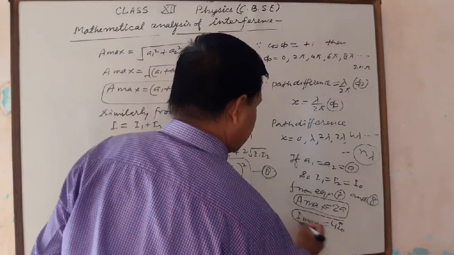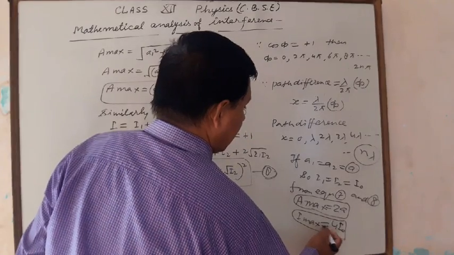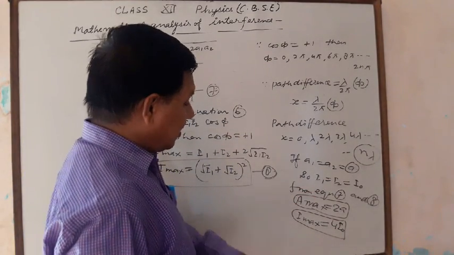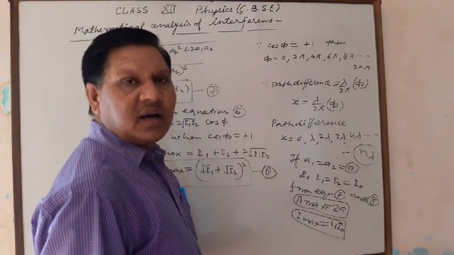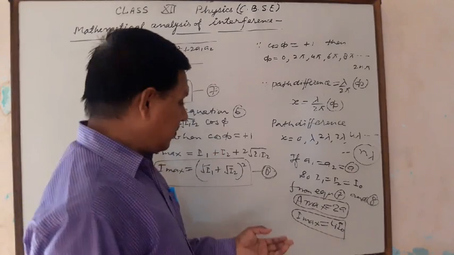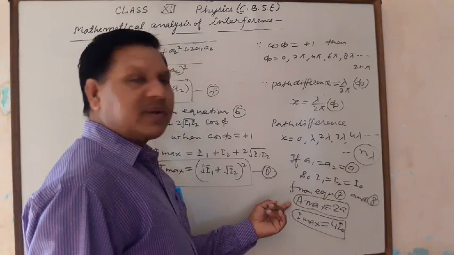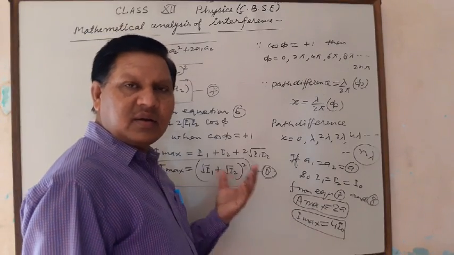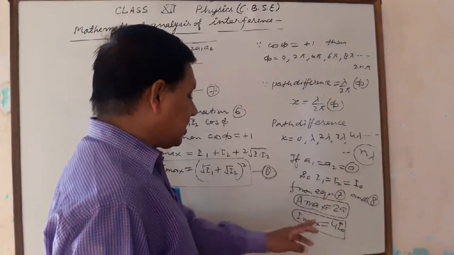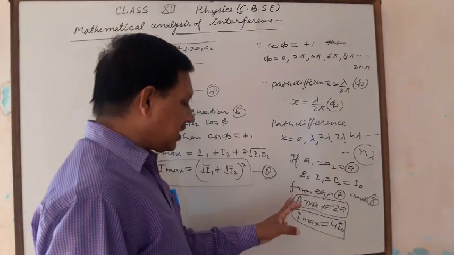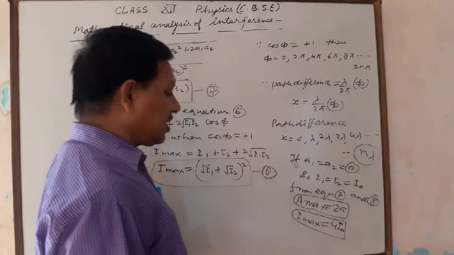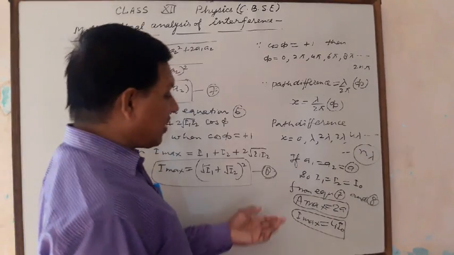So the amplitude of the resultant wave becomes twice the amplitude of any wave, and the intensity becomes 4 times the intensity of any wave.